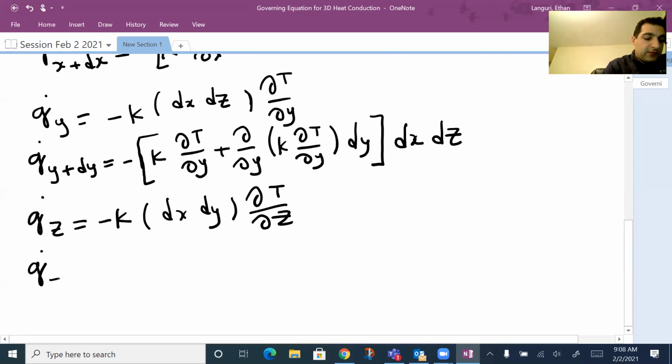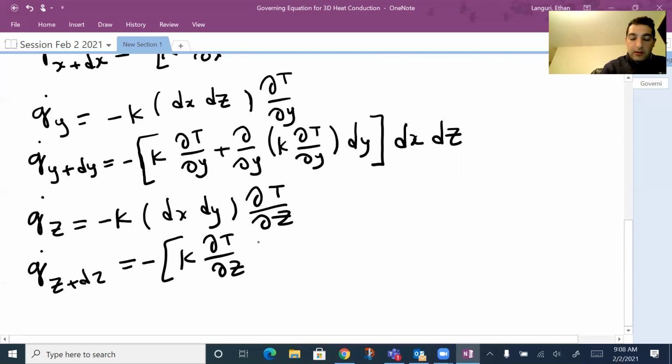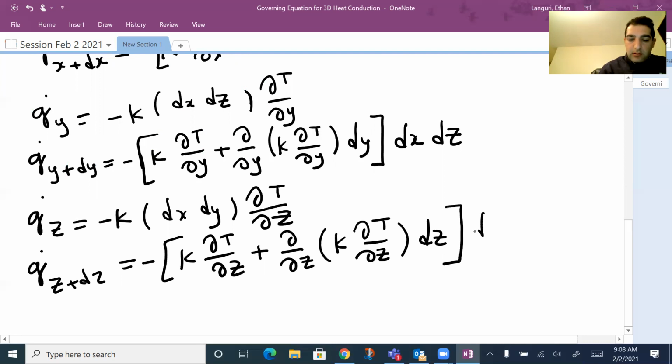And the same thing for the outlet portion: minus k del T over del z plus del over del z of k del T over del z, times dz, times dx dy.